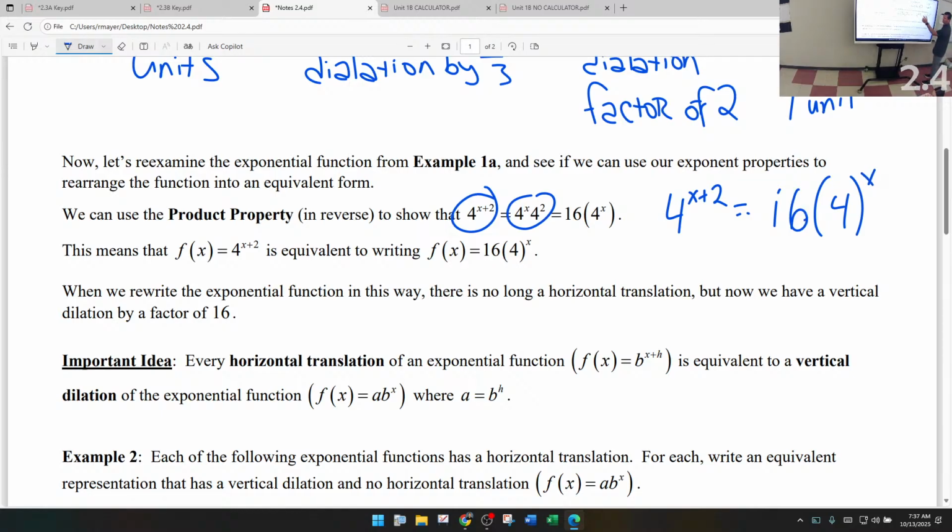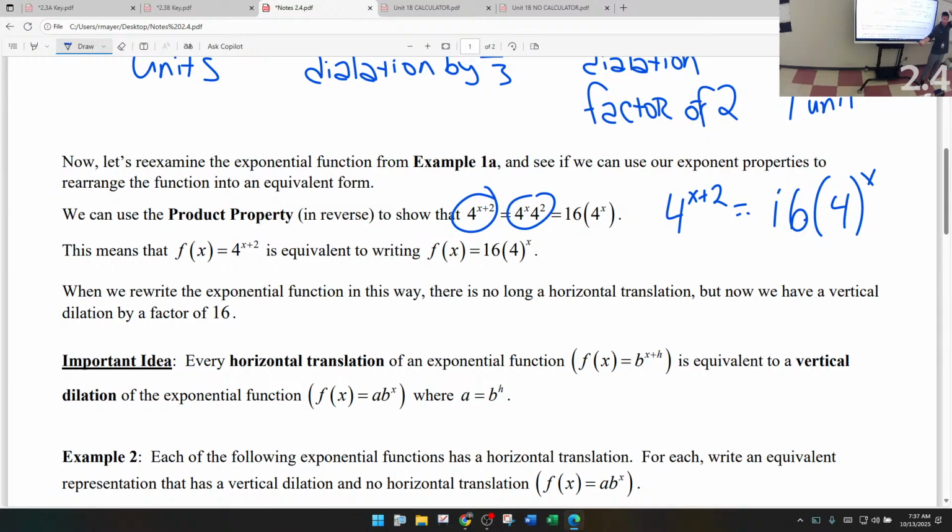This and this are the exact same thing. This is a shift to the left 2 units. This one is a multiply the y units by 16, right? That's a vertical dilation by a factor of 16. So a vertical dilation by a factor of 16 is the same thing as just moving that thing to the left 2 units.